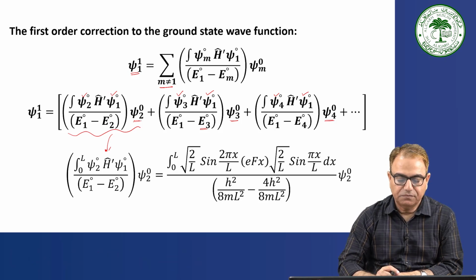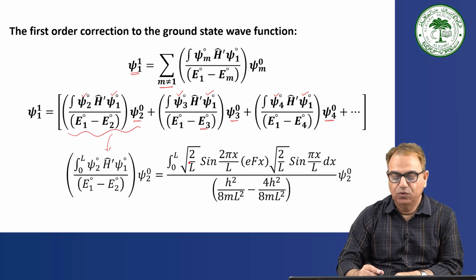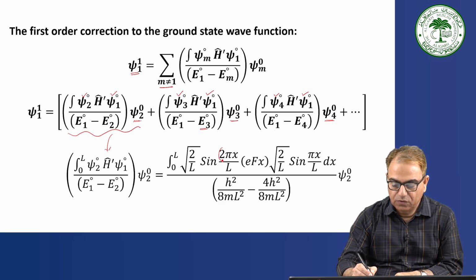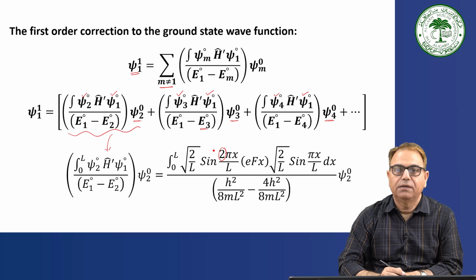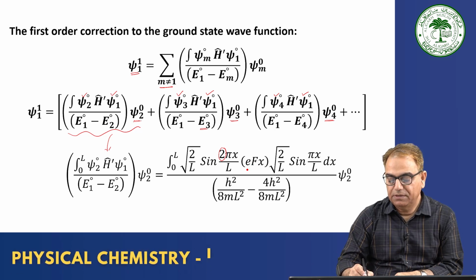If it is psi 2 naught, then it will be root 2 by L sine 2 pi x divided by L. This tells you the quantum number, and since it is psi 2, the quantum number is 2, as in n pi x divided by a, where n is the quantum number. Then this is your perturbation term eEx, and then again root 2 by L sine pi x divided by L, which has 1 as the quantum number.